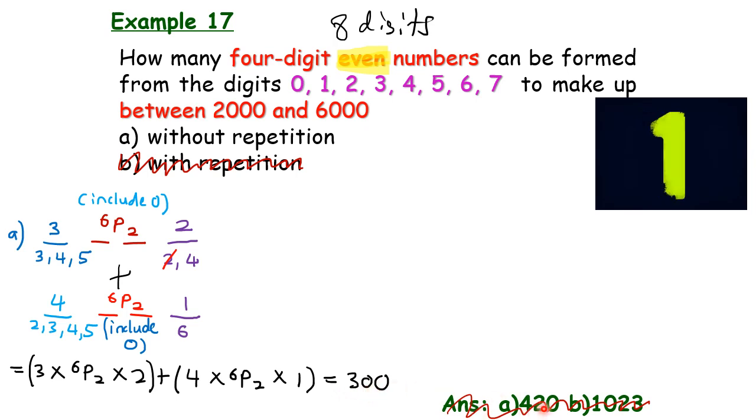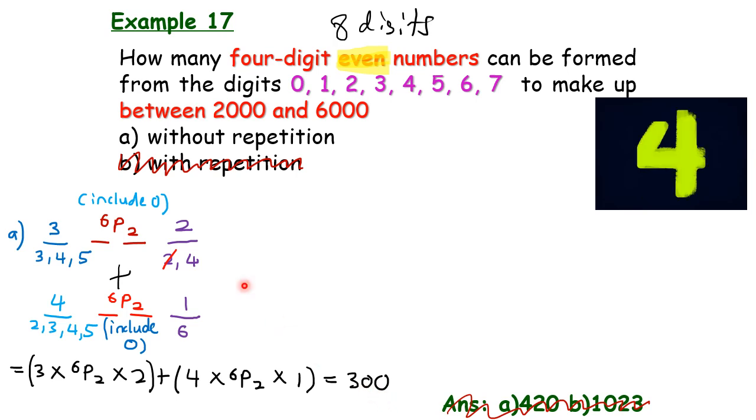So the answer given is incorrect, okay? So B is already out of the question. So that's why I cancel out question B. So we focus only on question A, but the answer is incorrect. So we use this answer 300. I already checked, and using another method, we still got the same answer 300. So this should be the correct answer for this question. Okay.